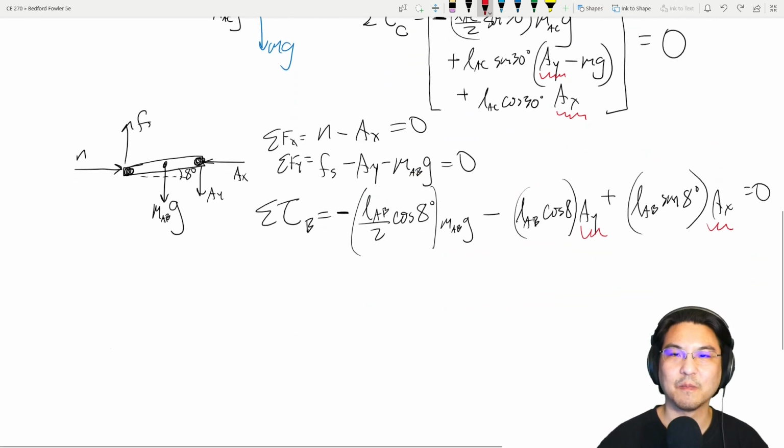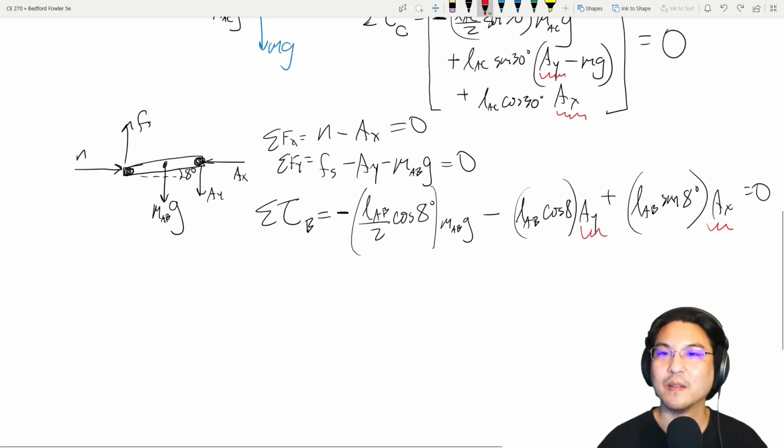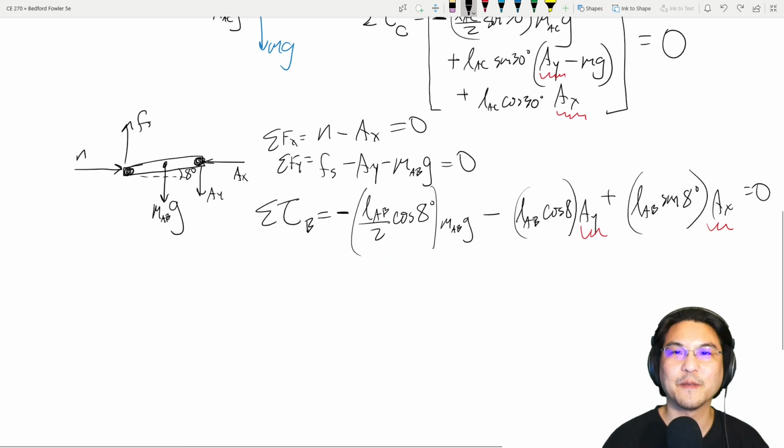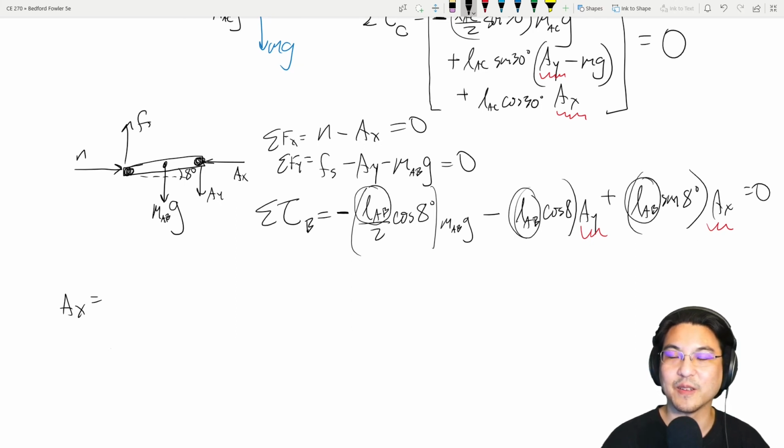So then you just pick one or the other. Let's see, maybe this one looks like it has a little bit less stuff. Right, so then let's say you solve for AX. So AX would be these. Okay, already I can see that I could factor, see, LAB is non-zero, so you can divide both sides of the equation.